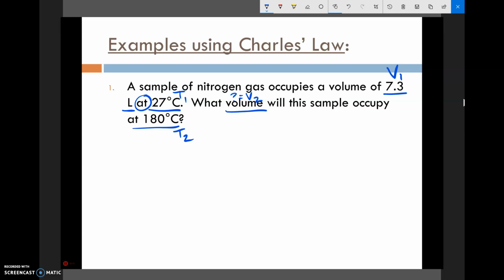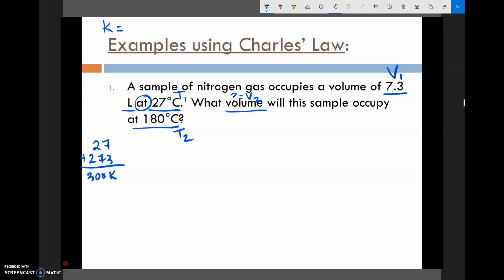So now remember Charles' law, you have to have temperature in Kelvin. So we have got to convert. So right here, 27 plus 273 is going to equal 300. So it's going to be 300 Kelvin. So all I'm doing here is just using this lovely little equation, or I should say conversion, from Charles' law.